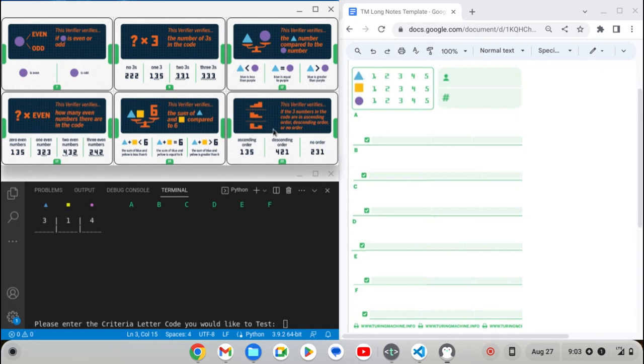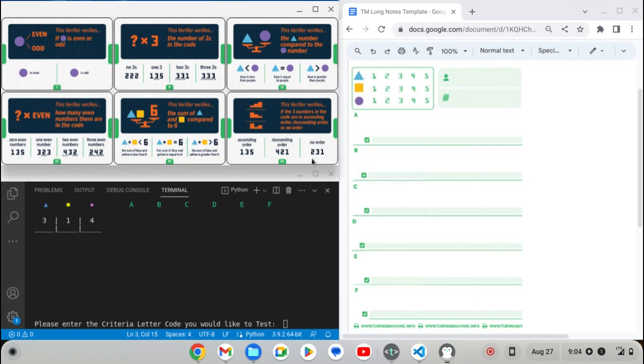And finally, criteria card F will take a look at our 3-digit solution from triangle to square to circle, and will let us know a little bit about the order of the digits. So should the digits appear in an ascending order, meaning that they're increasing, as in the example 135, or should they be in a descending order or decreasing, as in the example 421, or finally, could they have no order, as in the example 231?